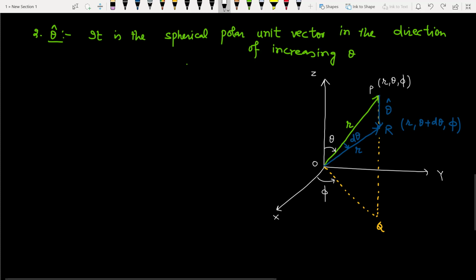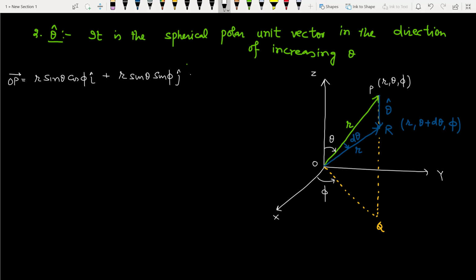So again we rewrite OP vector as r sin theta cos phi i cap, r sin theta sin phi j cap, r cos theta k cap. OR vector as r sin, here we write theta plus d theta because the coordinates are theta plus d theta.